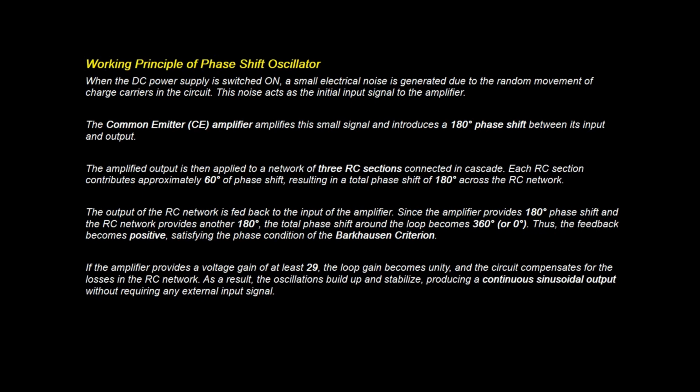The RC network shifts its phase by 180 degrees and feeds back to the transistor's input. Since the feedback is positive, the signal becomes stronger after every cycle. Finally, when the loop gain becomes unity, or 1, the amplitude stabilizes and the circuit generates a continuous sine wave.